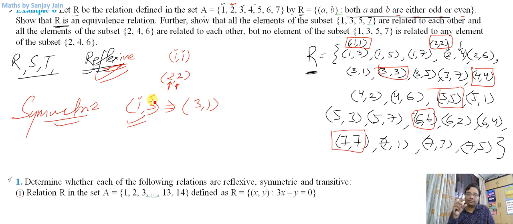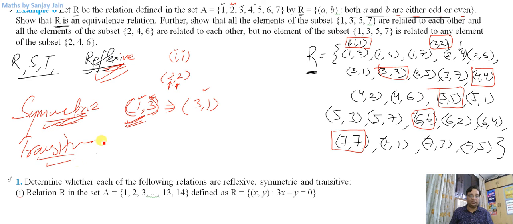So if 1 comma 3 is present, 3 comma 1 will also be present. In symmetry, what I said is 1 and 3 are odd. The presence of 1 comma 3 in this ordered pair means 1 and 3 both are odd. So can I say 3 and 1 both are odd? So yes. So 3, 1 will also be present here. That is, this relation is symmetric.